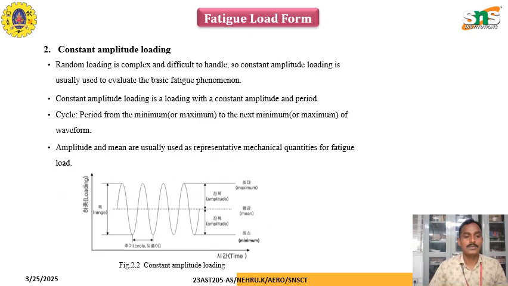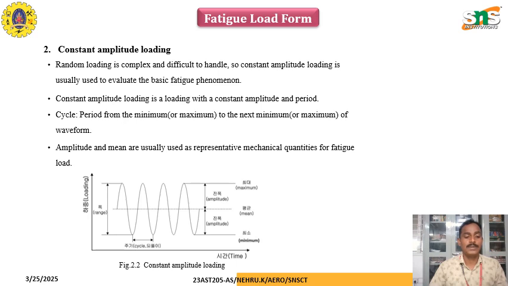Next, coming to constant amplitude loading. Random loading is complex and difficult to handle, so constant amplitude loading is usually used to evaluate the basic fatigue phenomena. Constant amplitude loading has a constant amplitude and a period from one minimum or maximum to the next minimum or maximum of the waveform.